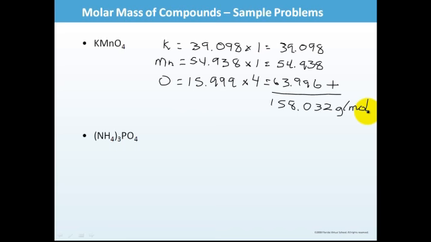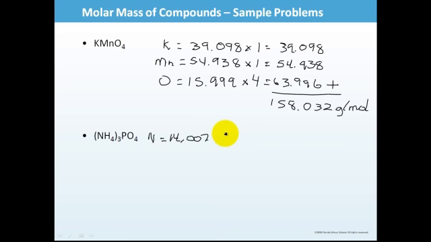Now let's try the next one. This one has a little more to it, a few more elements in there. Let's start with the nitrogen. Just go in order. Off the periodic table, nitrogen is 14.007. In this case, we have NH4 in parentheses with a 3 outside of it.